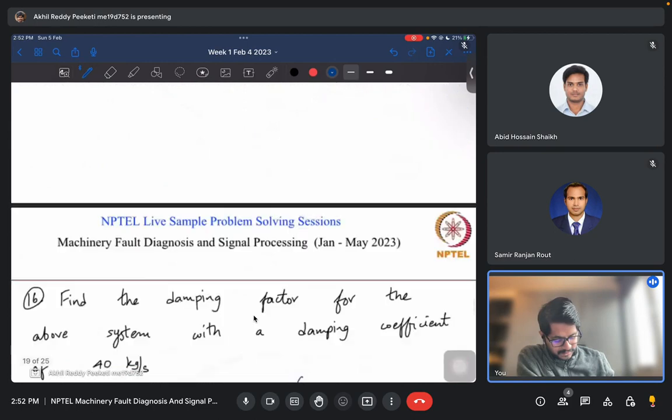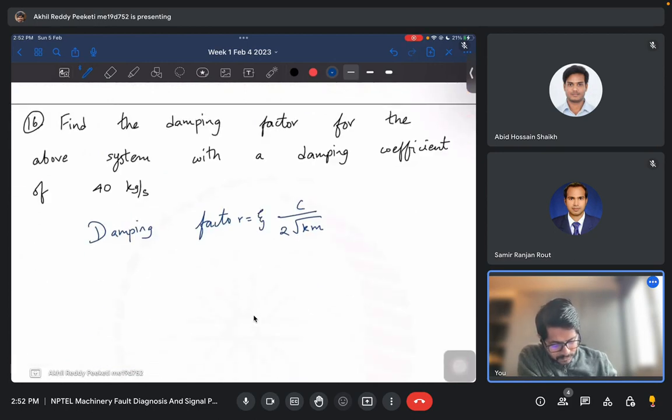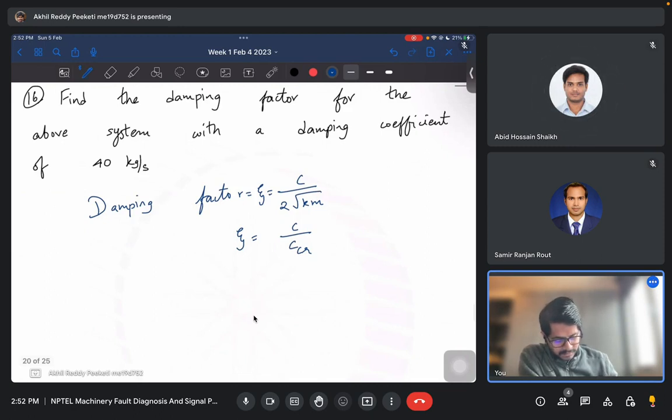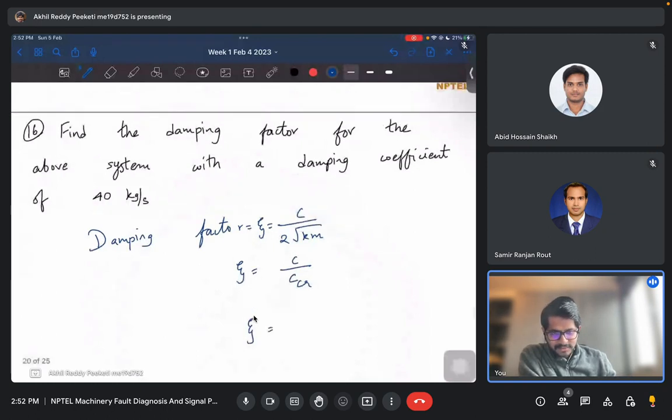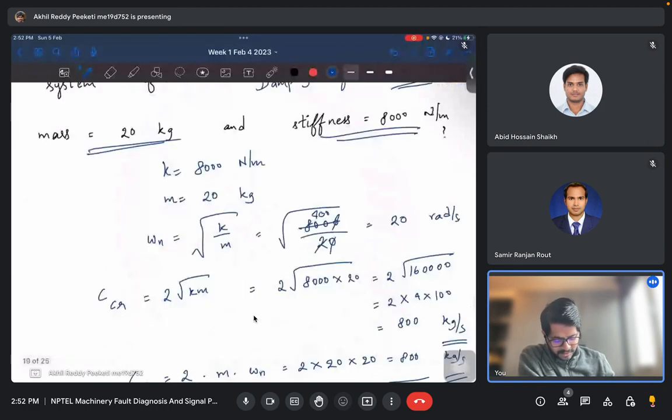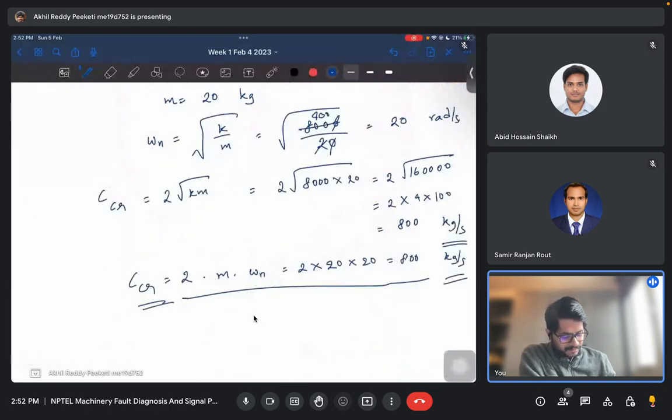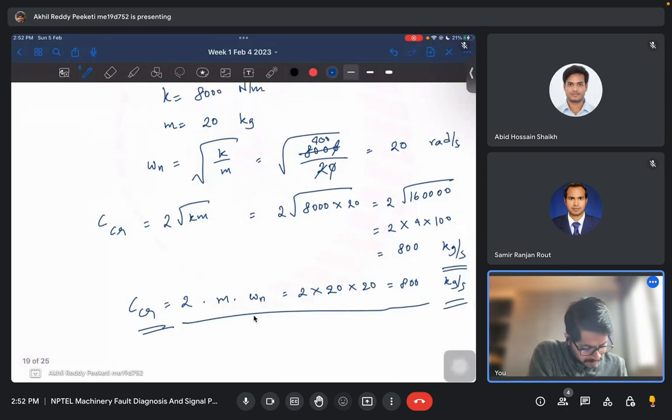And we have seen that 2 root km is the critical damping coefficient, right? Because here they are asking for the above system, where we already calculated the critical damping to be 800.